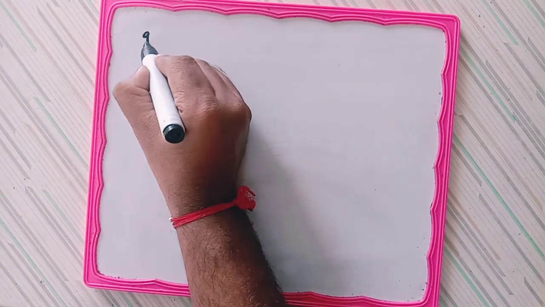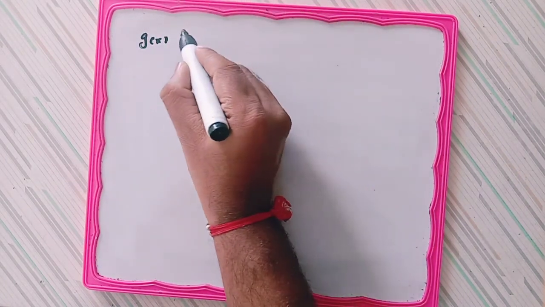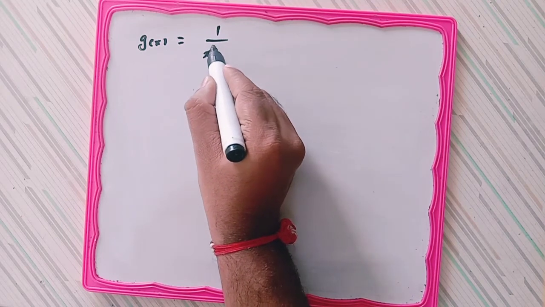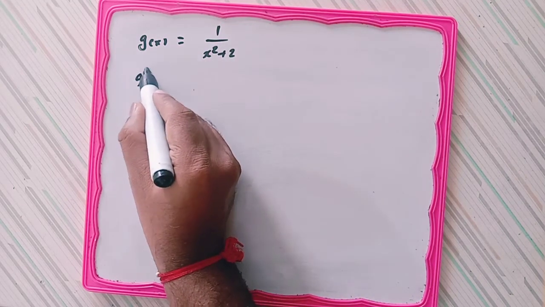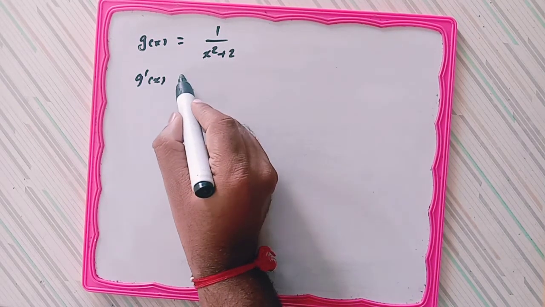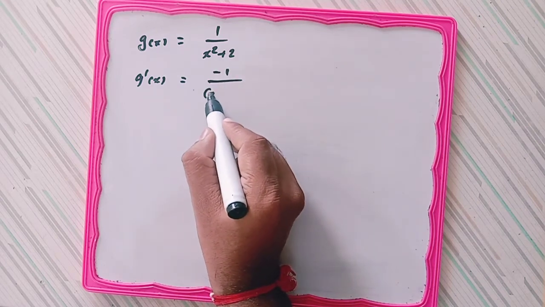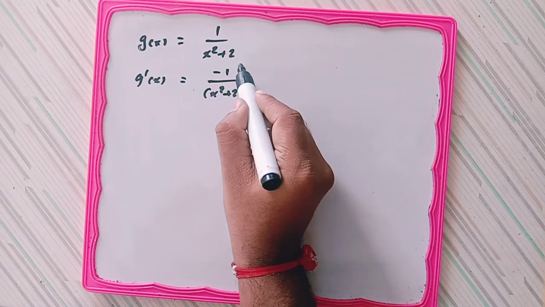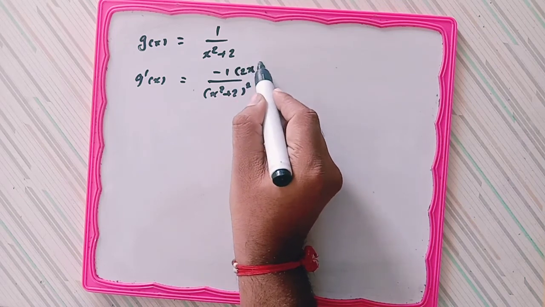Seventh question, we have gx equals to 1 upon x square plus 2. So g dash x equals to minus 1 upon x square plus 2 whole square, and x square differentiation is the 2x.